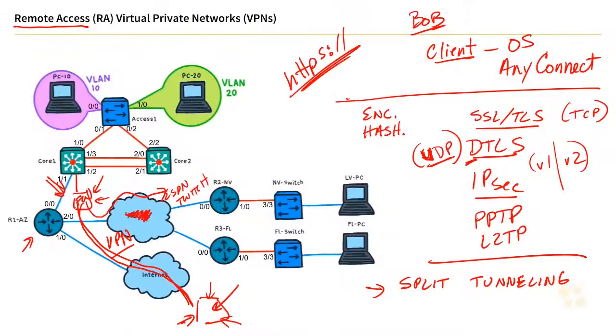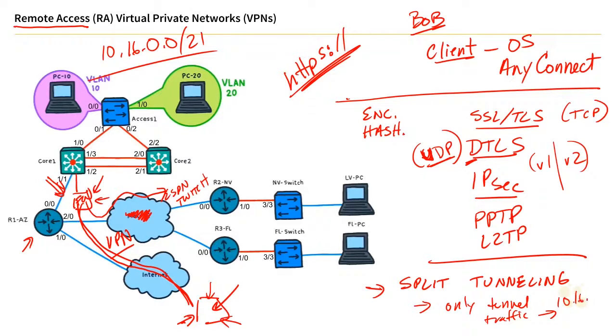And here's how we control what traffic goes through. Let's imagine that up here we have the 10.16.0.0 network with a /21. And that's all of this address space up here. What the administrator would do is configure the VPN server up here, this head-end device, and tell it, you know what, when you get a new VPN client, go ahead and send the instructions: only tunnel traffic destined to 10.16.0.0/21 in that address space.